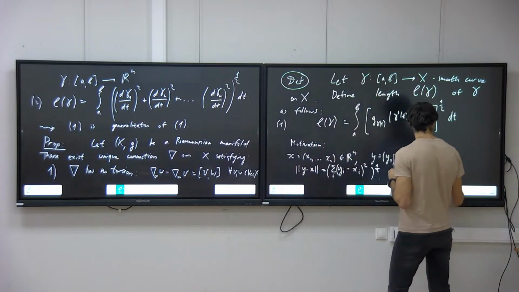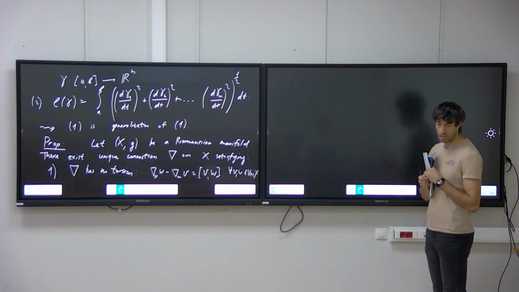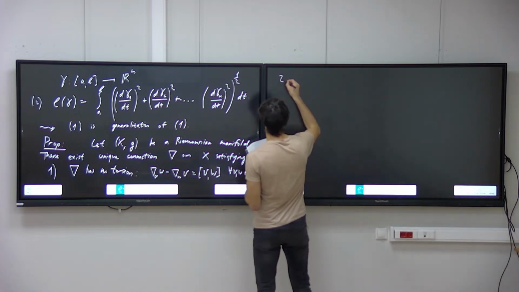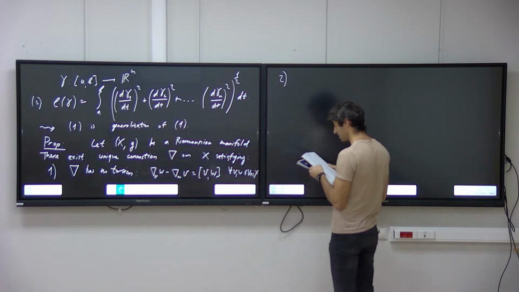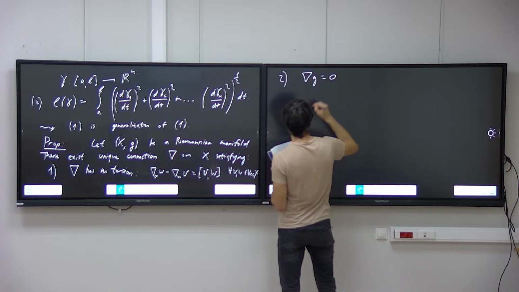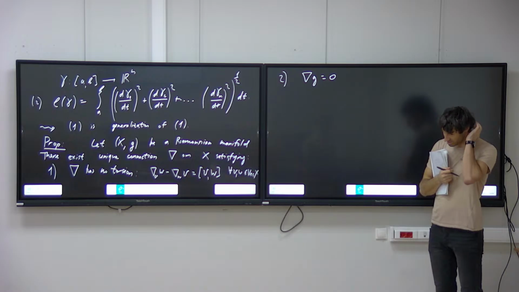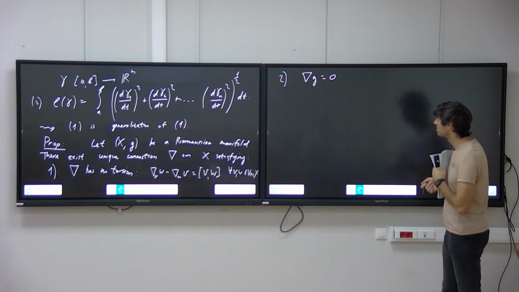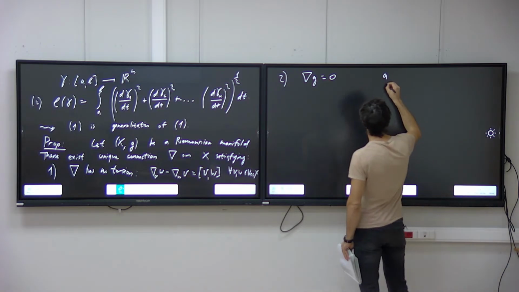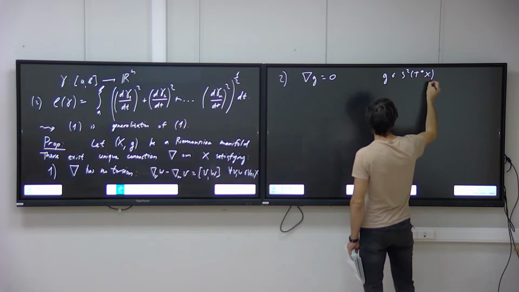The second condition is that g is invariant with respect to covariant differentiation. The shorthand writing of this is this. So g is constant in a way, but what does it mean? Because g belongs to S^2 T*X, right?